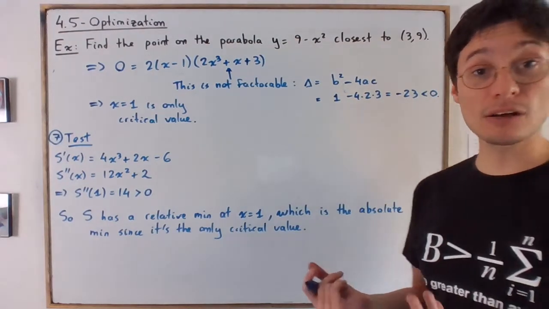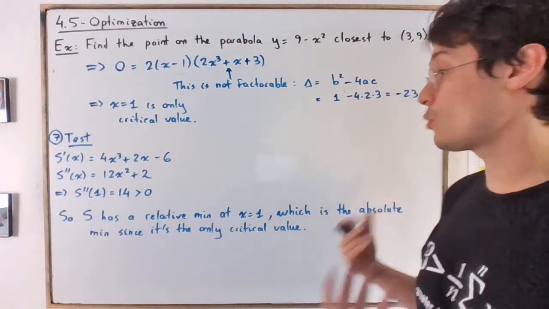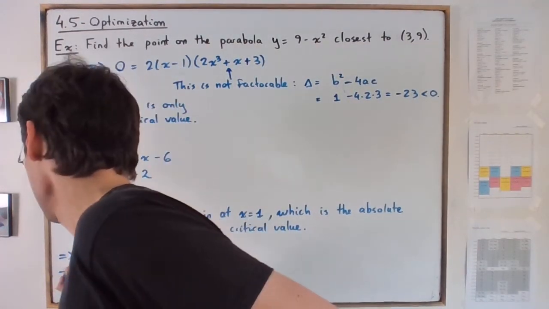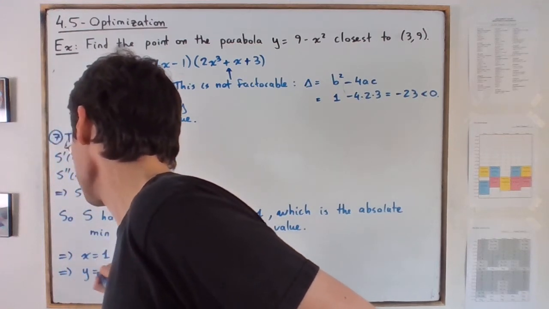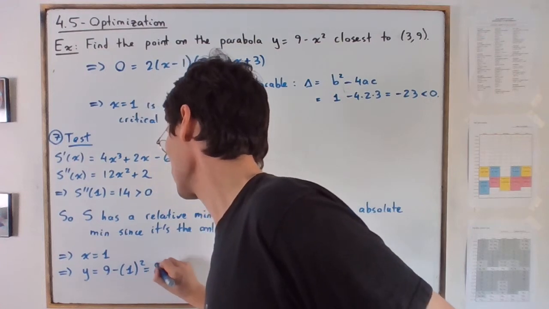And from there you can conclude, right? Because you have the x coordinate of the point and you know how to find the y coordinate. So you know that x is equal to 1, y is equal to 9 minus 1 squared, which is equal to 8.